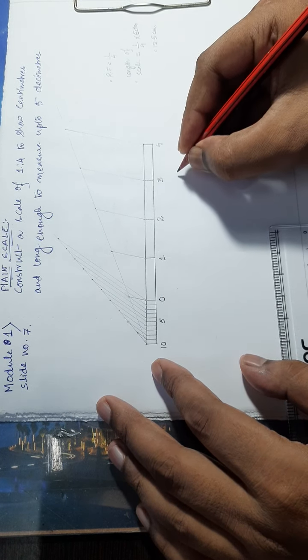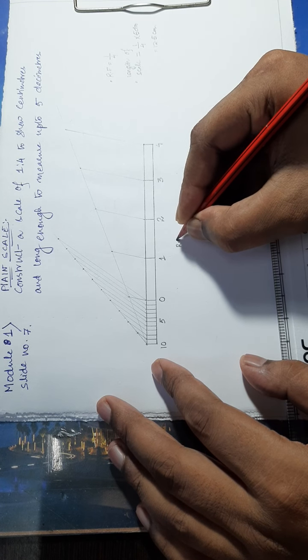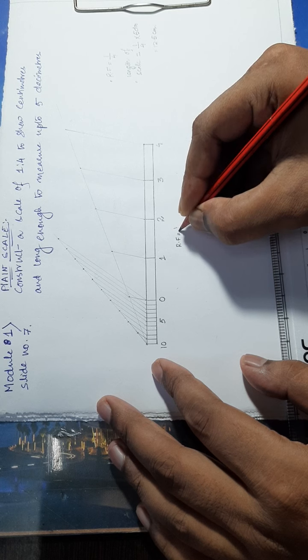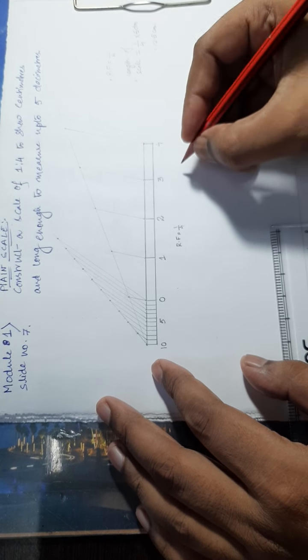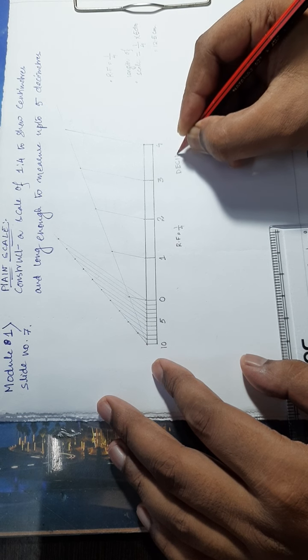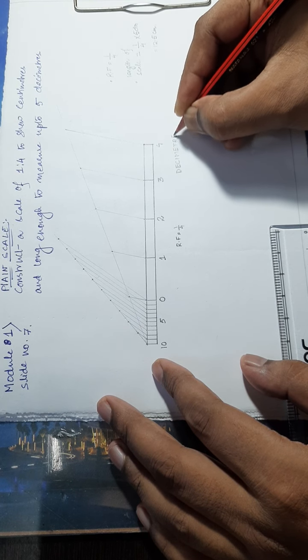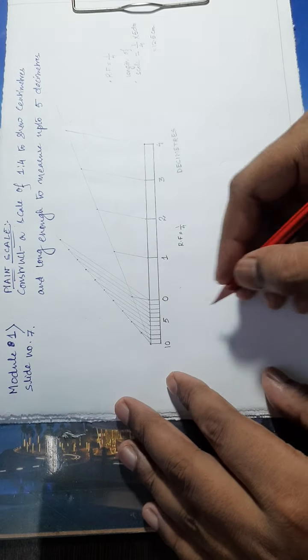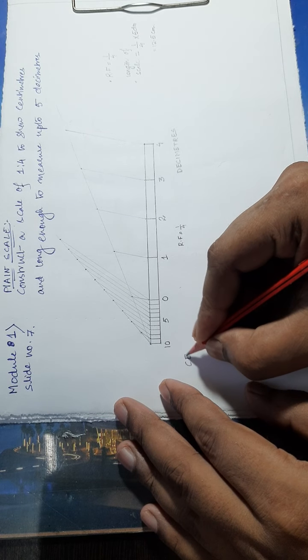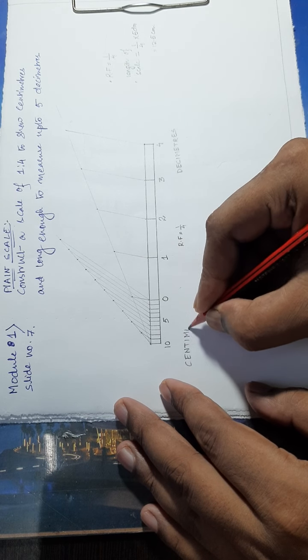So here we'll write the scale, first thing first, the representation fraction equals 1 by 4. Here we'll write decimeters. Here we'll write centimeters.